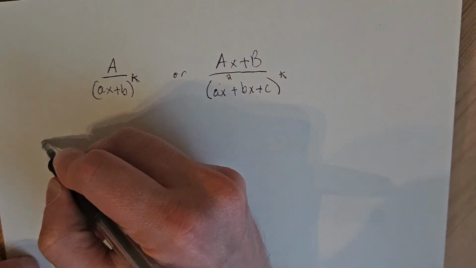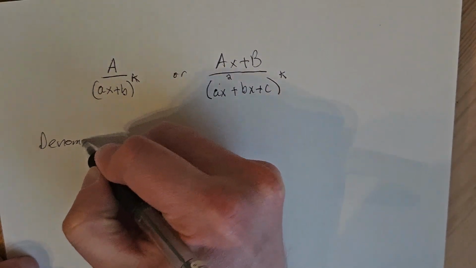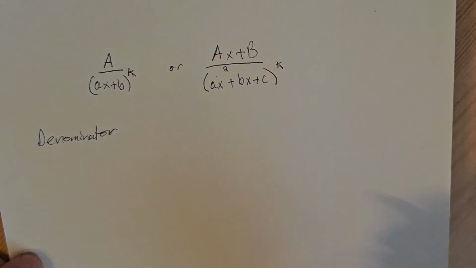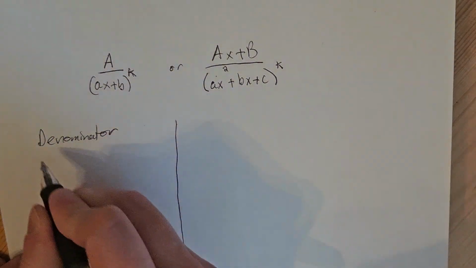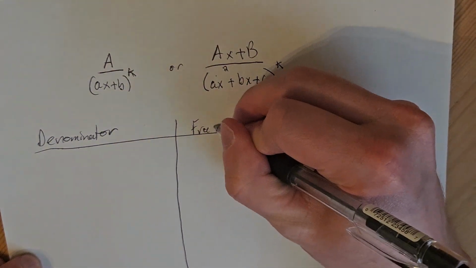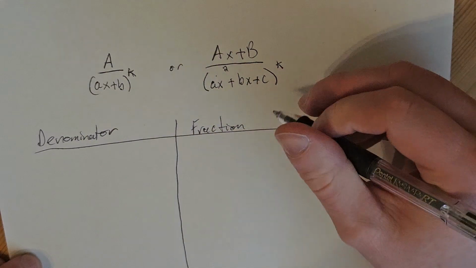So if the denominator has a certain form, then in our partial fraction decomposition, we will get the form that I put over on this side of the table.